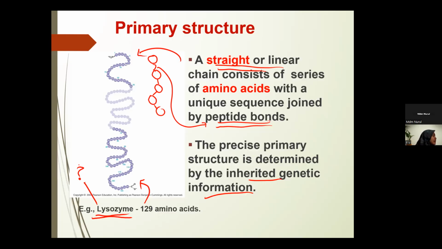Lysozyme is protein found in mucosal secretion. Lagi? Lagi apa? Yang paling dekat dengan kita. Saliva lagi? Tears. Paling dekat. Lysozyme is protein, right, that found to protect us yang ada dalam saliva, dalam air liur dan juga ada dalam kita punya air mata.